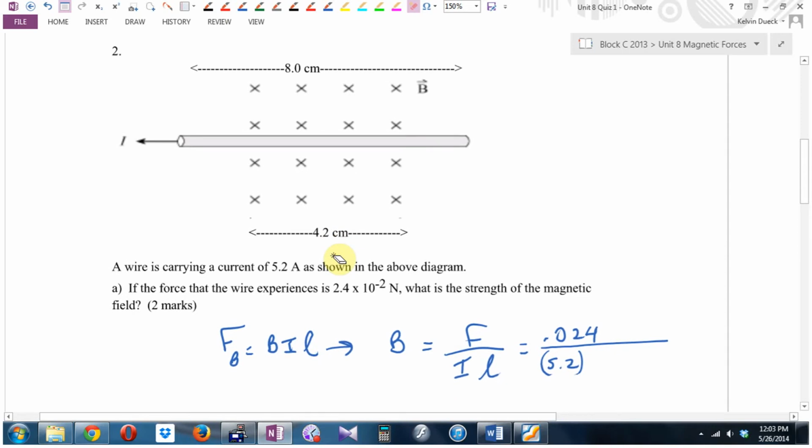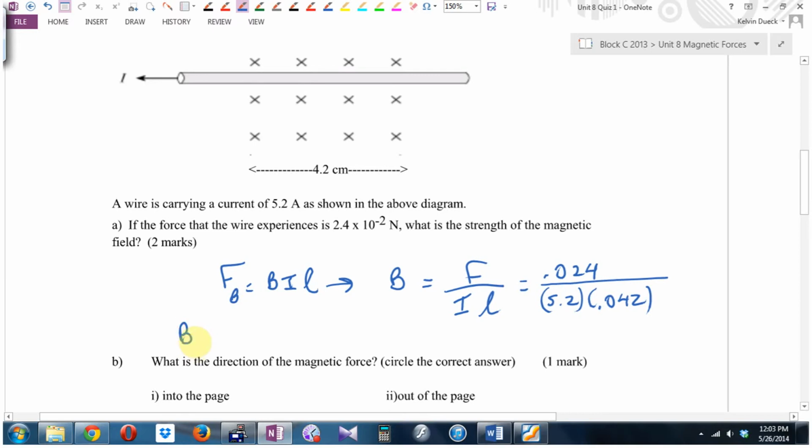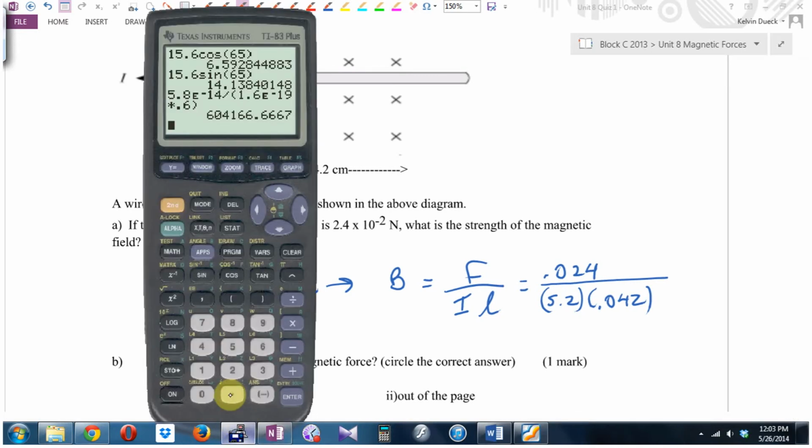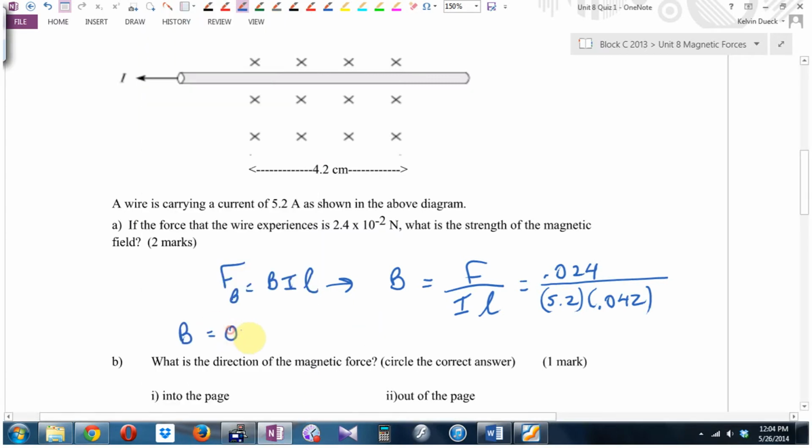So if you use the 8 centimeters, you're going to get it wrong, but it's going to be the 4.2 centimeters. And of course, you have to do a conversion. So this is a magnetic field strength of 0.024 divided by 5.2 times 0.042, 0.11 Teslas, 1.1 times 10 to negative 1 Teslas, but yeah.